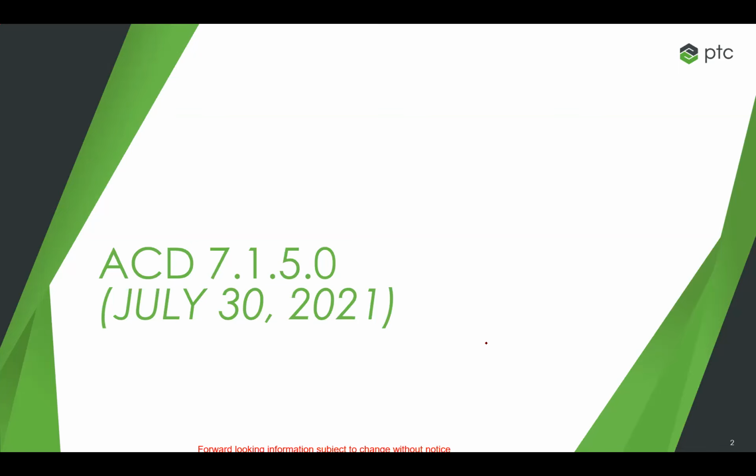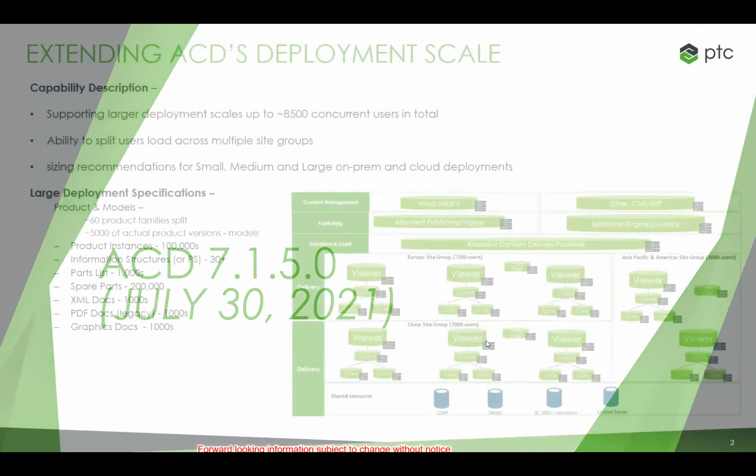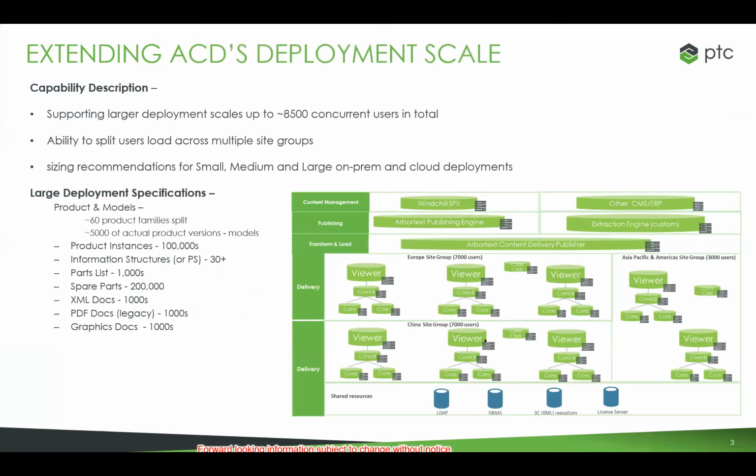In terms of release highlights, one of the most important things that we did in this version was to extend the deployment scale. Up until this version, the average deployment scale was around 2,000 concurrent users.